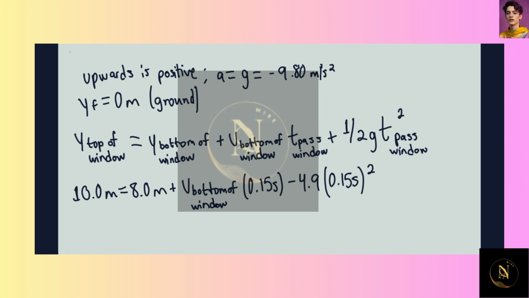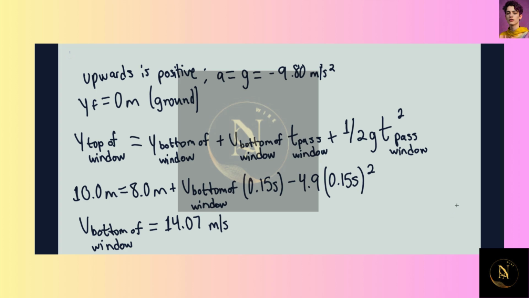We can simply use the solve function on your TI-84, 85, or 89 to solve for the velocity at the bottom of the window. This will equal 14.07 meters per second. This is just an intermediate result. We needed to find this in order to find the launch velocity.